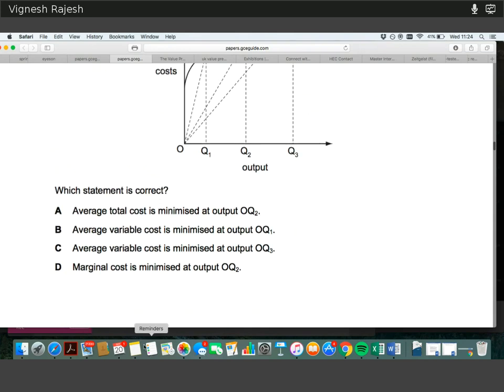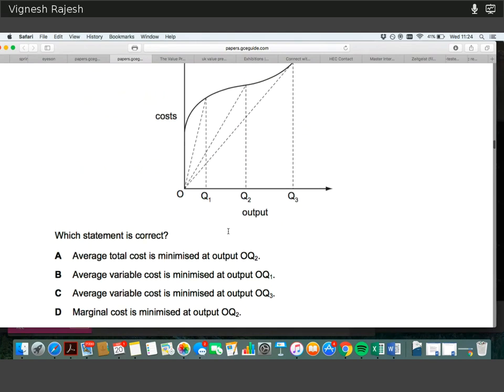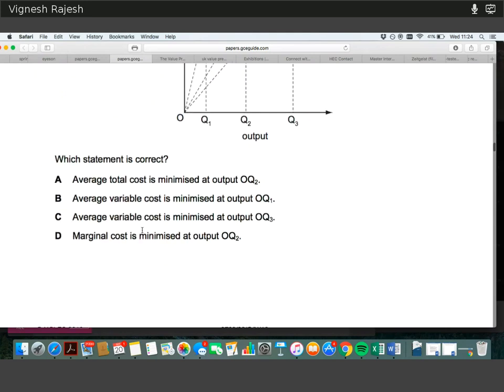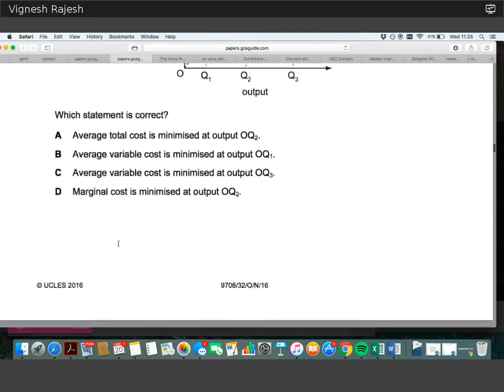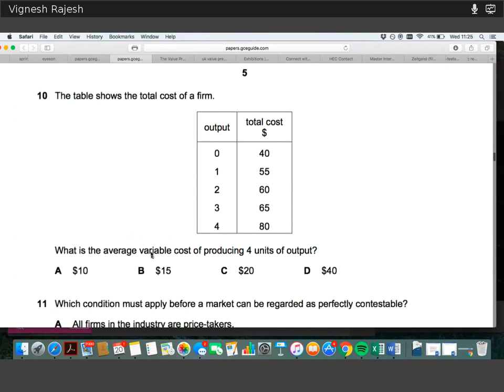However, what you can look at is the marginal cost, which is reflected by the gradient of the total cost curve, because it's the additional change in cost from an increase in quantity by 1 unit. As we can see, the gradient is at its lowest point at OQ2, and therefore the answer here is D for question 9.